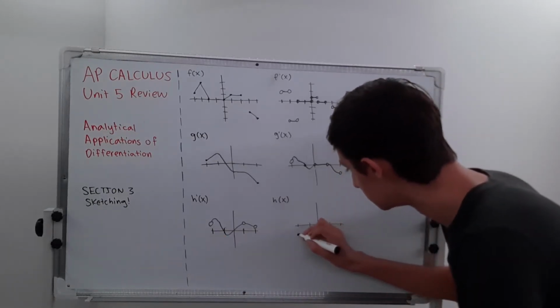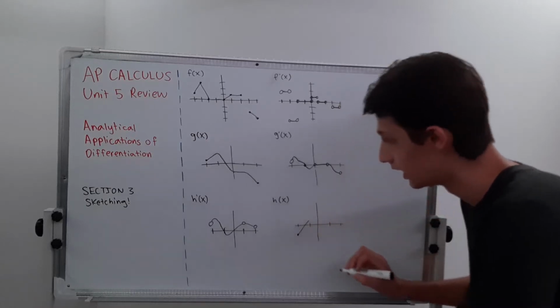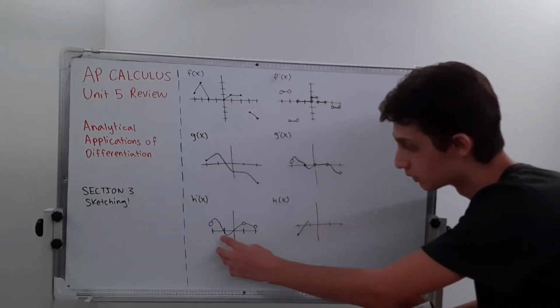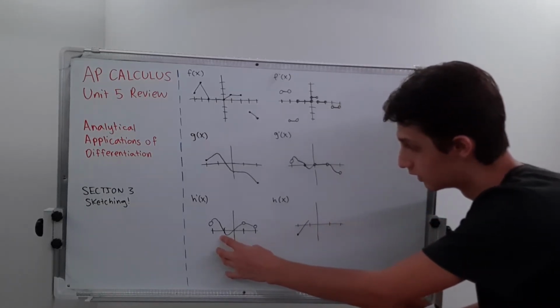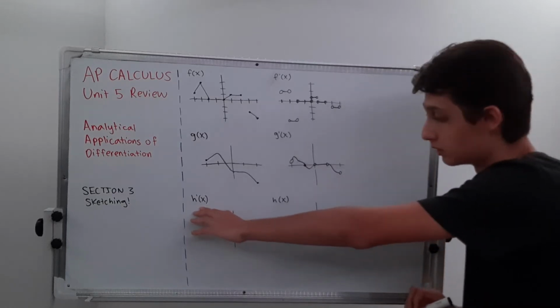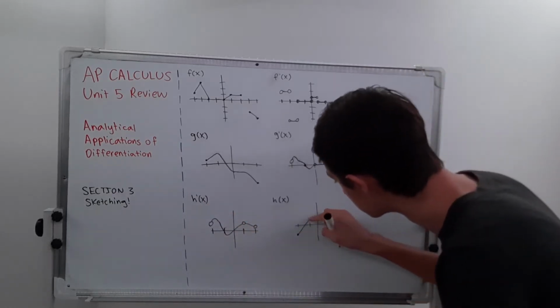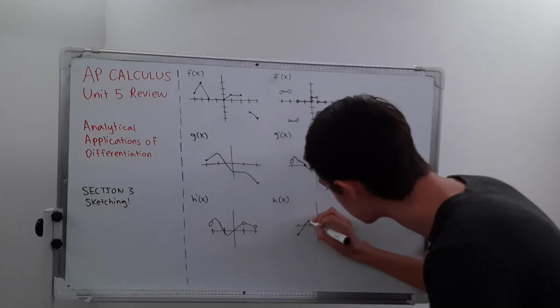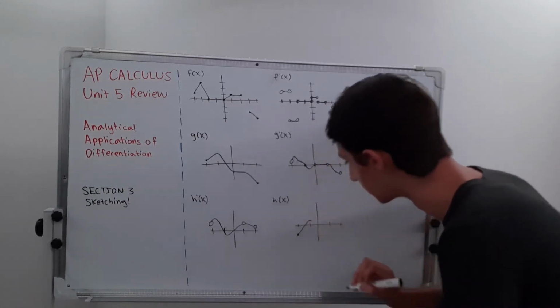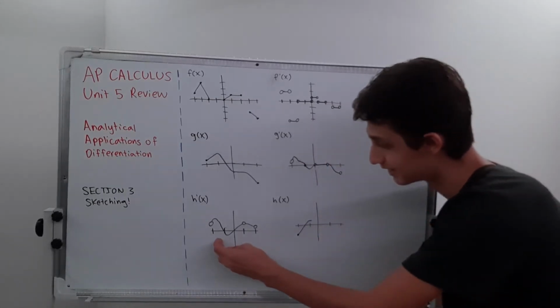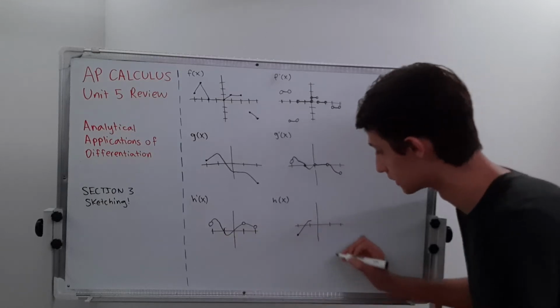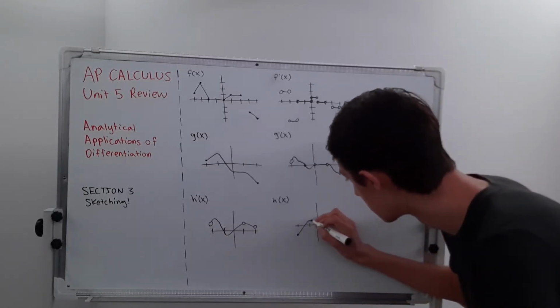So let me just do that. Okay, and then the derivative is equal to 0, so the slope is 0. So let me just make sure that the slope is 0. There we go. And then it's negative for this portion.